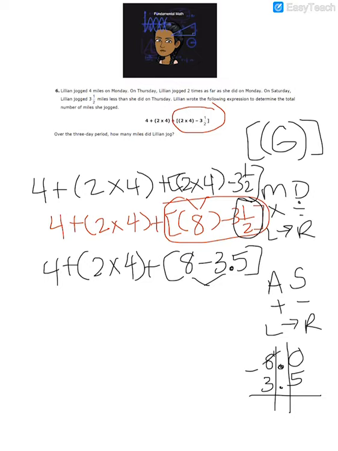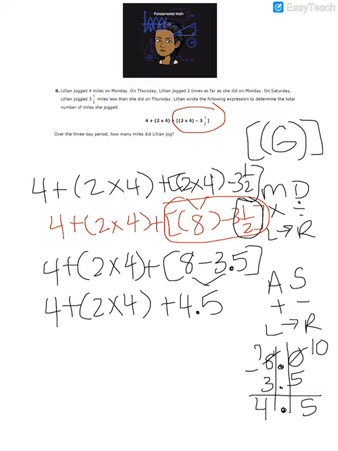So 8 becomes 7, and 0 becomes 10. We regrouped it. 10 minus 5 is 5, bring down my decimal, and 7 minus 3 is 4. So now I'm working with 4.5. I've solved everything in that bracket, so I'm going to bring everything else down.